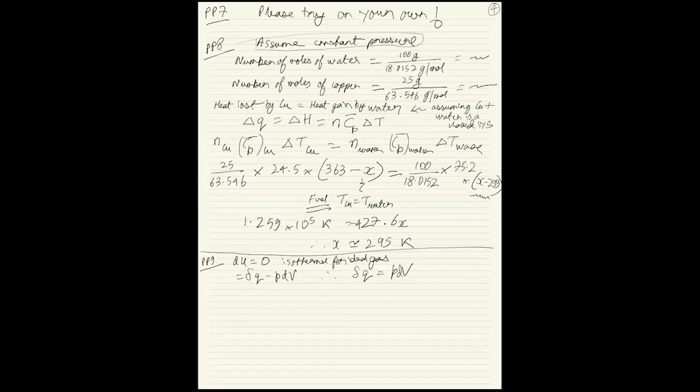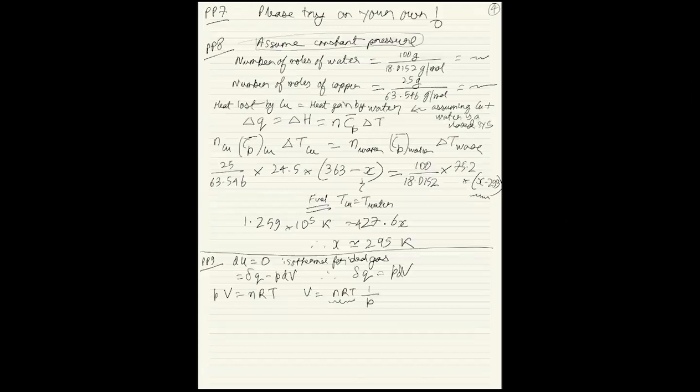For an ideal gas now, we can say PV is equal to nRT. Therefore, V is equal to nRT times 1 by P, right? And we are talking about an isothermal process. Therefore, nRT can be treated as constant.